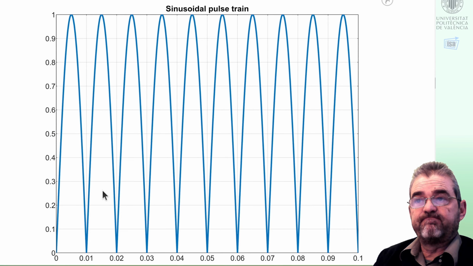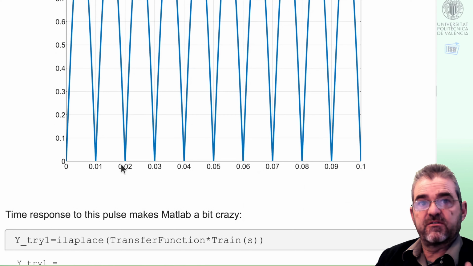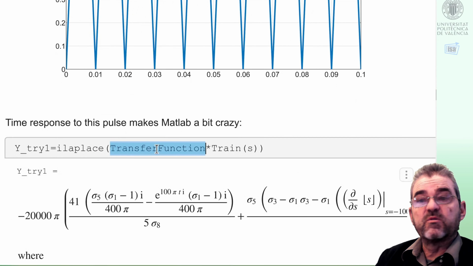However, we are not going to use the Laplace transform because, at least in a first code draft, the output in the Laplace domain will be transfer function times the input Laplace transform, and its inverse Laplace transform is kind of a horrible monster with some strange symbols, and if I tell MATLAB to plot it, it just gets crazy, says some error.